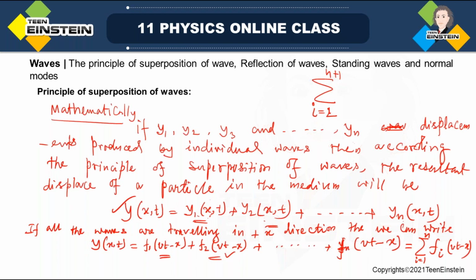And if these are traveling in the positive x direction, the waves can be expressed as a function f of vt minus x. If the wave is traveling in the negative x direction, then here should be a positive sign.